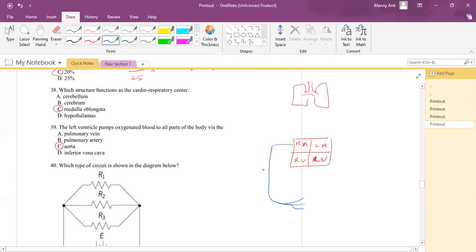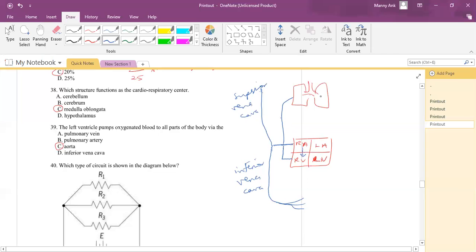It goes to the right atrium. Okay, so this is the inferior vena cava, from the leg region, and from the head region you have the superior vena cava. The blue one represents deoxygenated blood coming in. Then it goes through the tricuspid valve into the right ventricle, and the right ventricle pumps the blood to the lung.